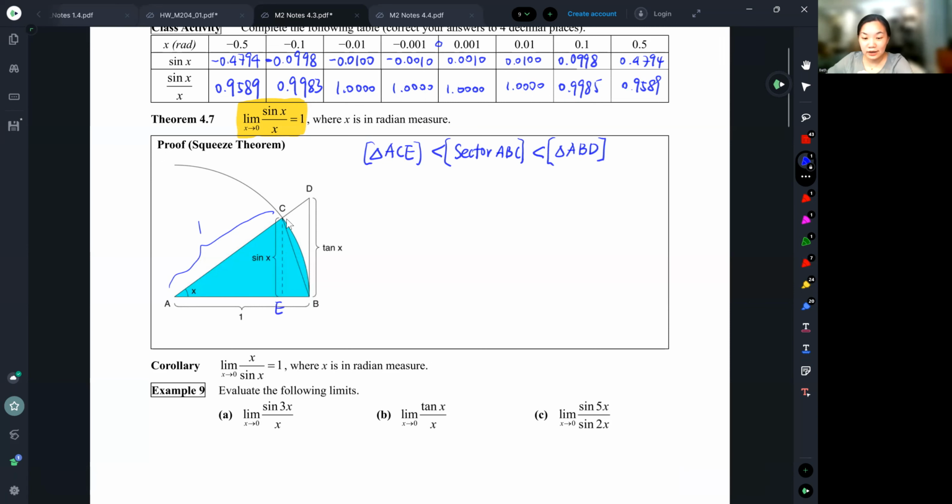And you will know that the area of the sector, the blue part, is larger than ACE and smaller than ABD. Why is that useful?